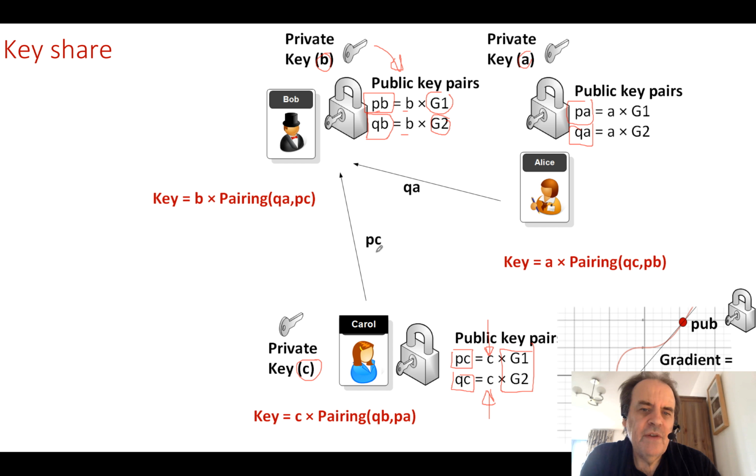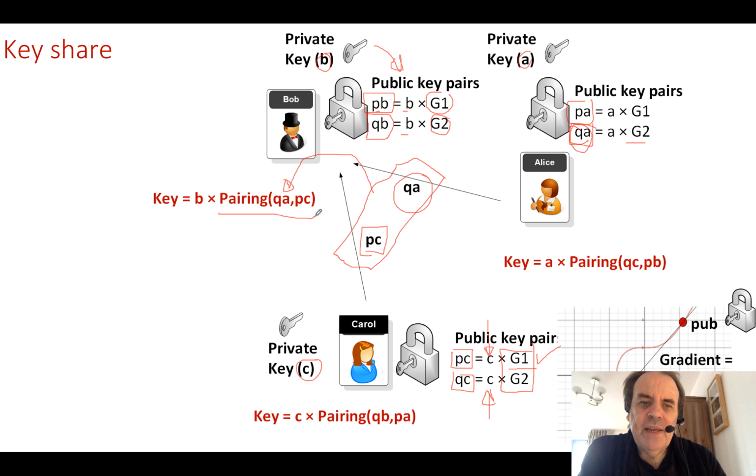Then they exchange their values. So Carol passes PC and Alice passes QA. So that's based on the Q2, the other one is based on Q1. So that provides us our pair that we require. Okay, so they then go together to create our pairing, and then after that we multiply by the private key and we should end up with the same key.